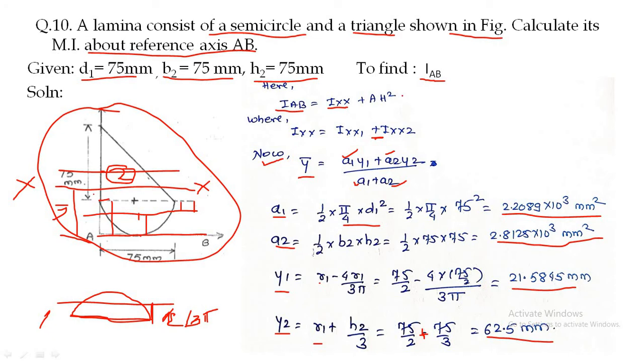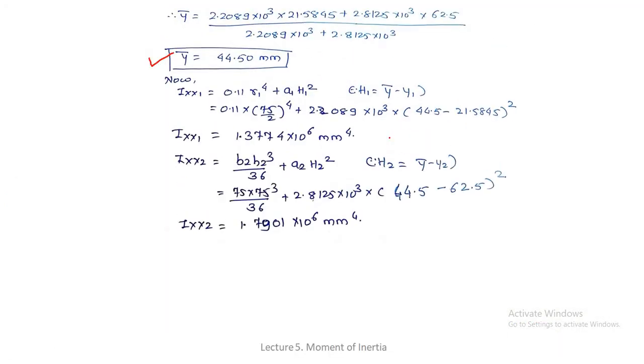Now moving forward, we have dealt with the formula. As we need to find IAB, we know that IAB is equal to IXX plus A H square. So to find IXX, we need to find IXX1 and IXX2. To find IXX1, IXX1 will be equal to 0.11 R1 raised to 4 plus A1 H1 square. Now you must be wondering why this is done.